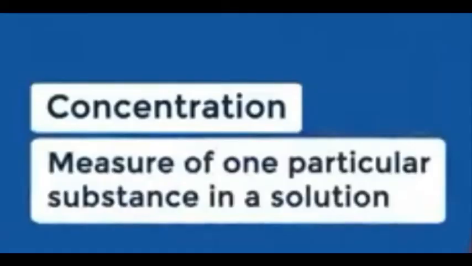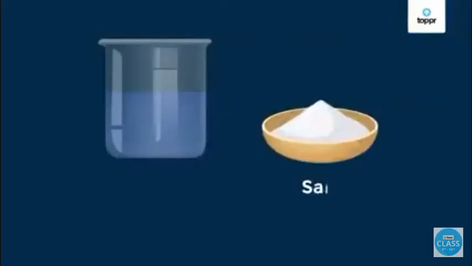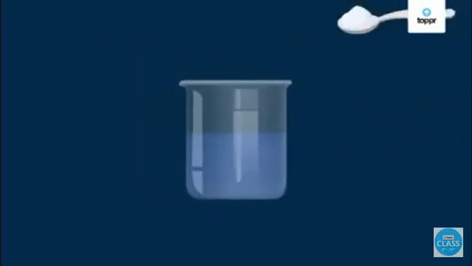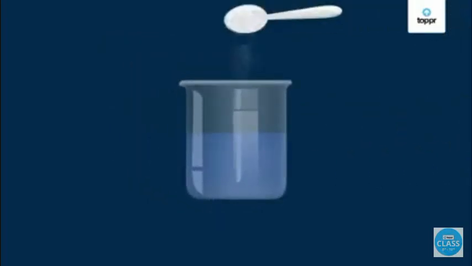What is concentration? Measure of one particular substance in a solution. Not very clear, right? So we can see an experiment to understand concentration. Let's take water in a beaker and add a few spoons of salt into it. Now this is a solution.